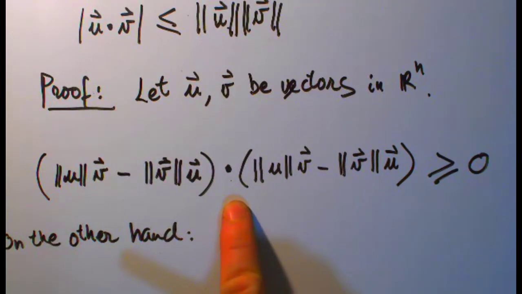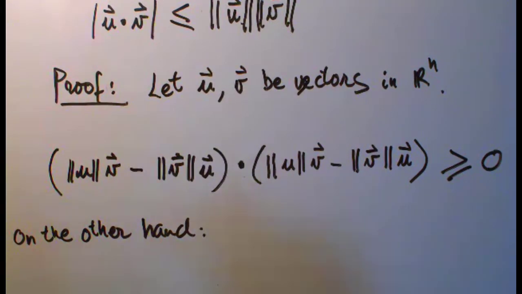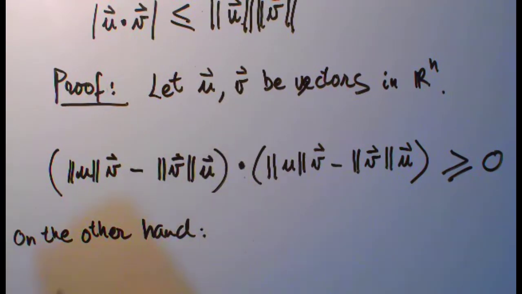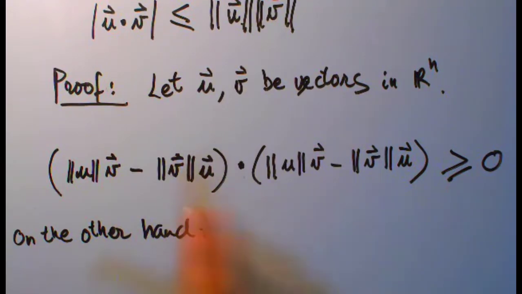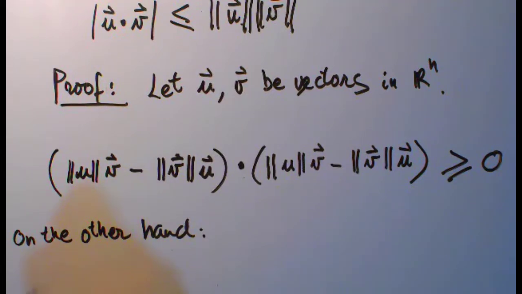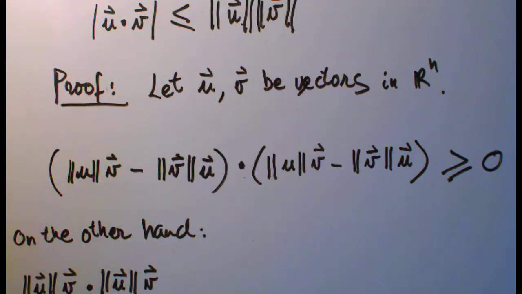On the other hand, let's now do the formula for this dot product. We've learned about the distributive law, so let's apply that distributive law here. The left-hand side becomes, after distributing term by term, the first term dotted with the first term, which gives length u times v dot with length u times v.